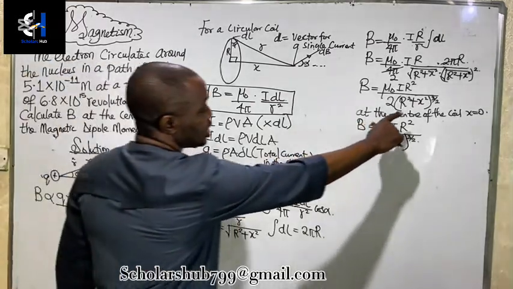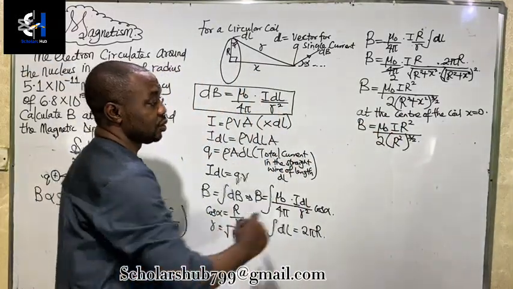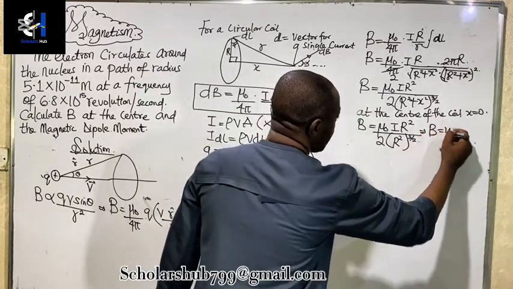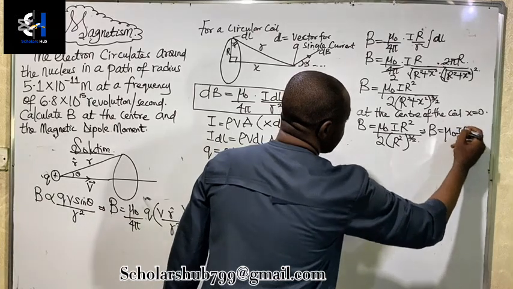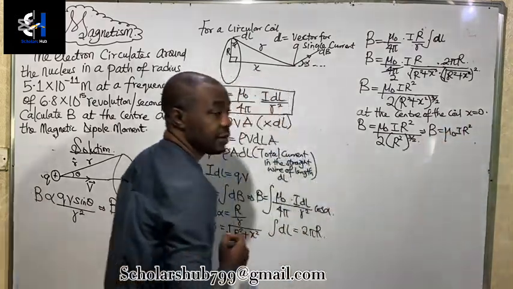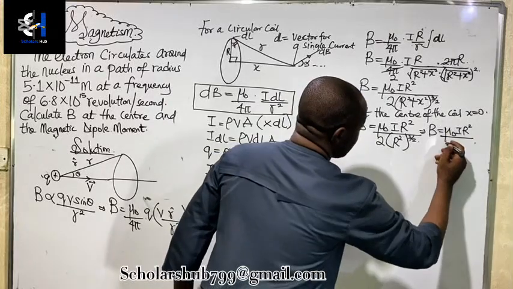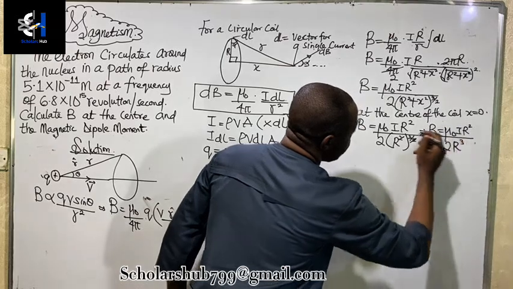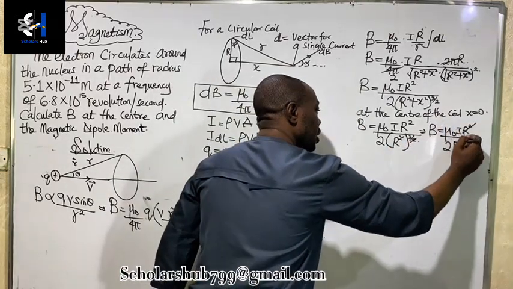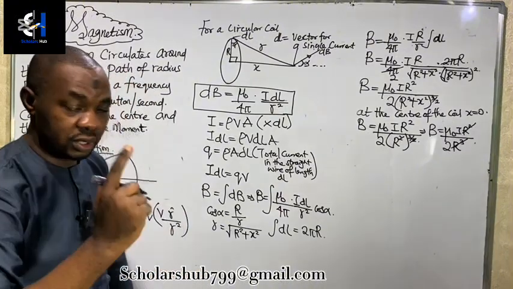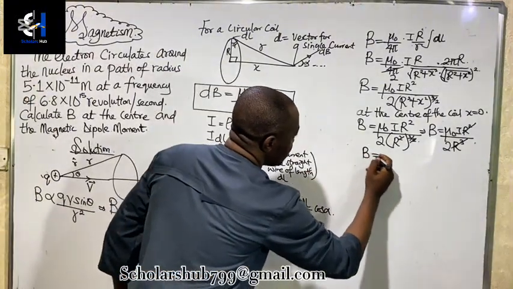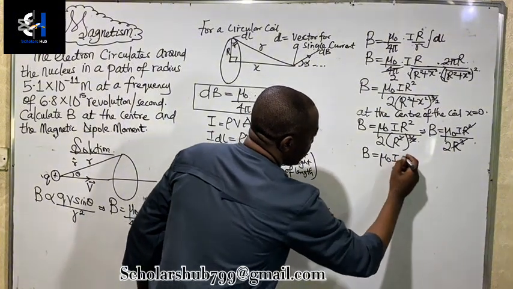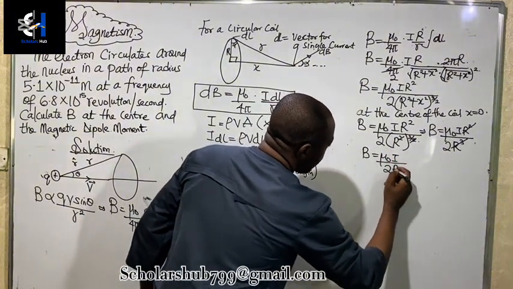Because when we set x equal to 0, this reduces to R squared. So B equals permeability of free space times I times R squared over 2. This will cancel out, so we'll be left with R raised to the power of 3. So R squared over R cubed will be 1 over R. So we then have B equals permeability of free space times I all over 2R.